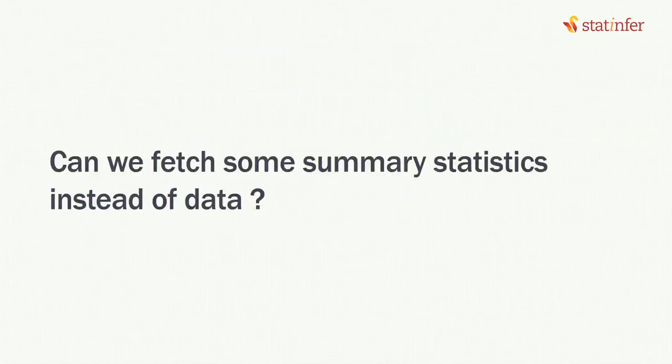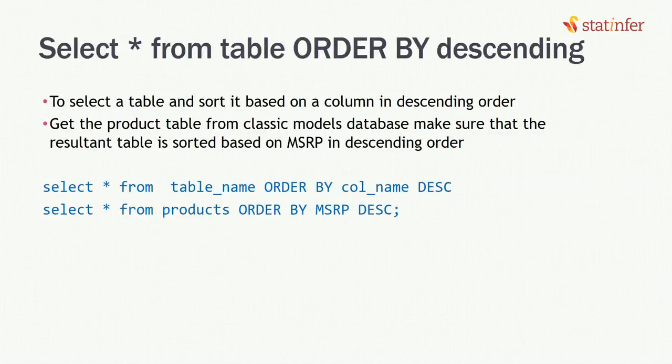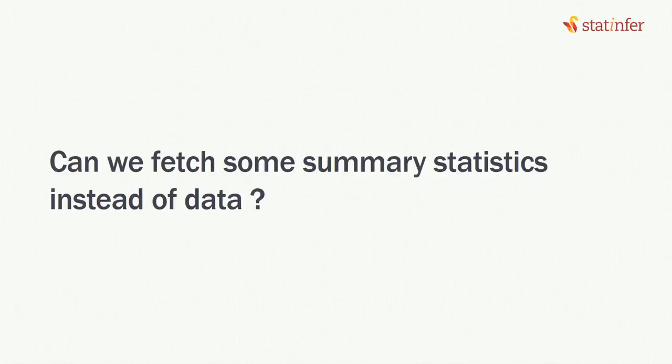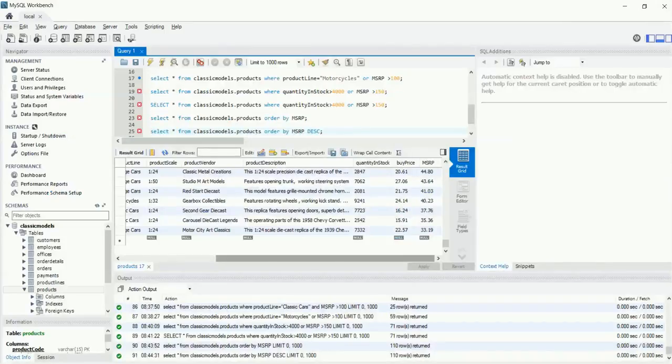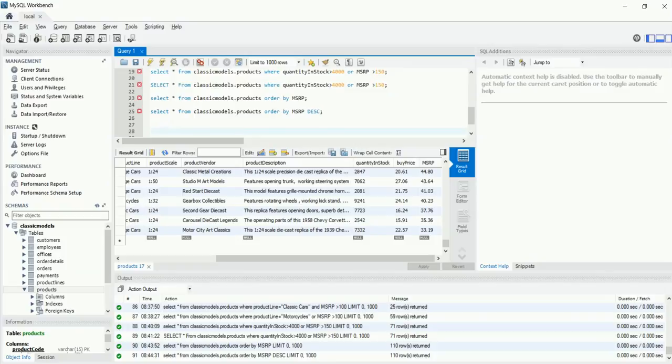Can we fetch summary statistics instead of data? Till now we are fetching star, or the data, the column names, the records. What if I want to fetch summary statistics, something like the total number of rows, or the average of a particular column? If MSRP is there, what is the average MSRP?